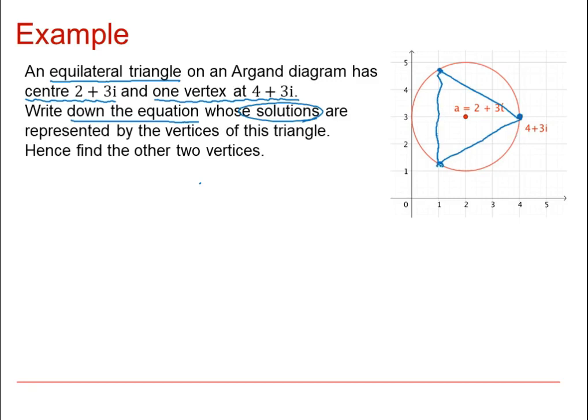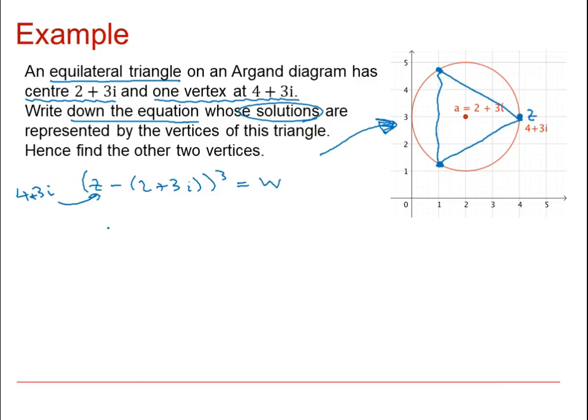So we're going to try and find the equation that would have those vertices. So one of the roots is 4 plus 3i, and the circle is centred at A. So we need to form an equation where (z minus (2 plus 3i)) cubed is some complex number called w. We know that one of the roots of this equation is 4 plus 3i.